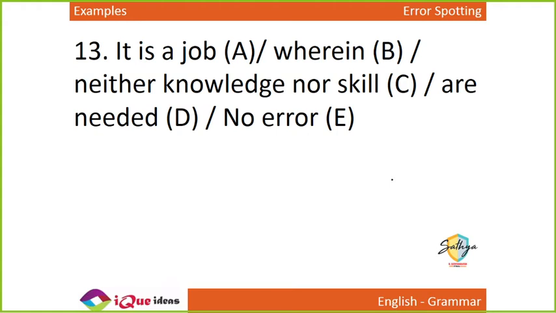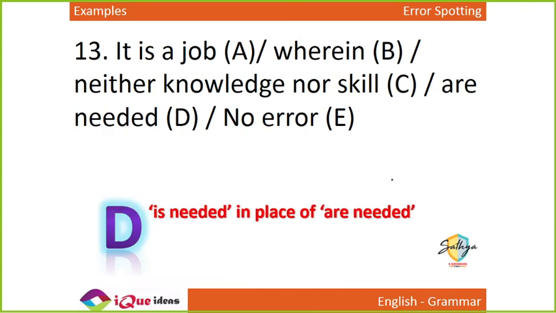Chalo. It is a job wherein neither knowledge nor skill are needed. Just as every or each is used in the singular, similarly neither nor are considered singulars. So it is a job wherein neither knowledge nor skill is needed.